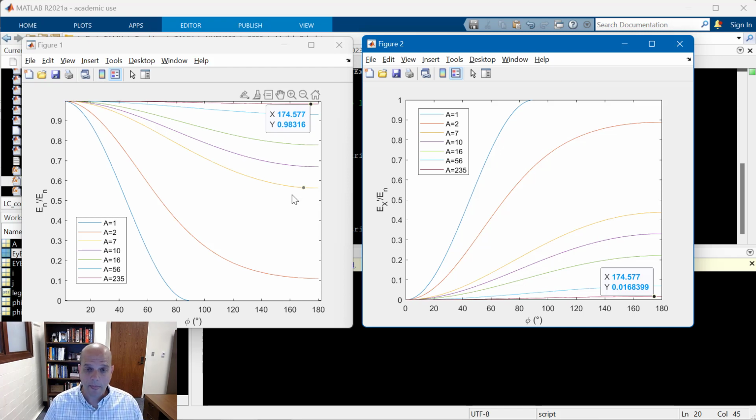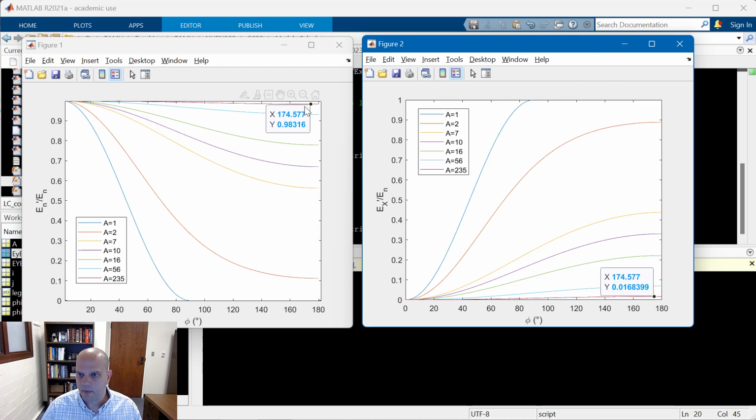So what does that mean? That means this is a head-on collision. The neutron's coming in, and it's going right back from where it came from. That's the most energy exchange that I could ever have between these two objects. And you see that the biggest energy increase, likewise to the target, is also at or around 180 degrees.